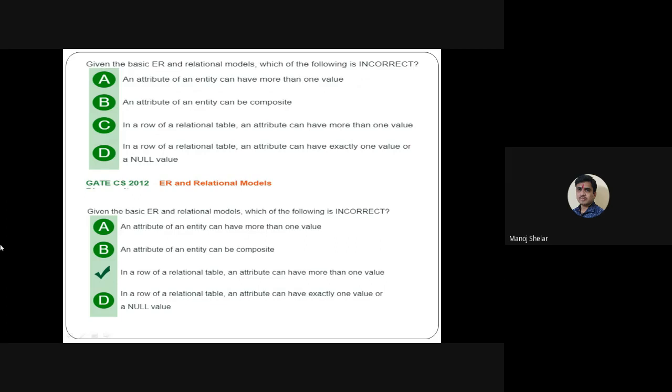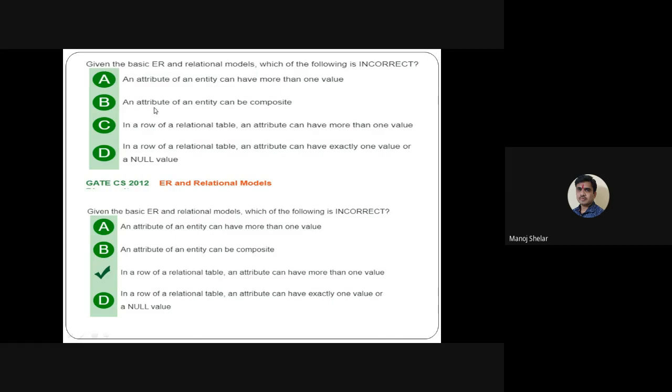Some other questions. This is the CS 2012 question. Given the basic ER and relational model, given the ER, that is the entity relationship diagram, and the relational model, which of the following is incorrect? Here, an attribute of an entity can have more than one value is one option.